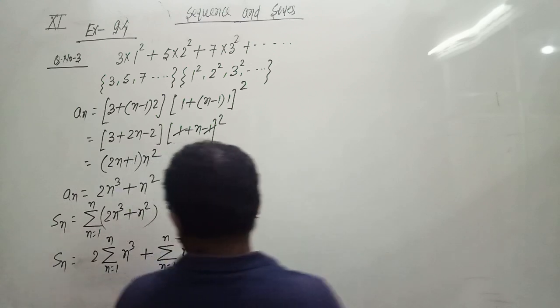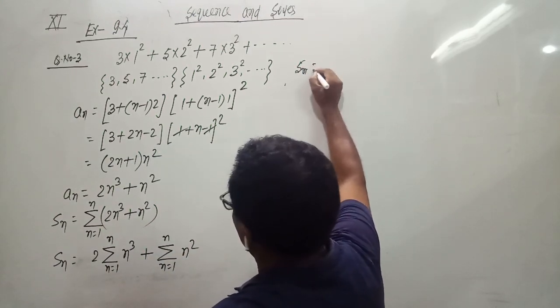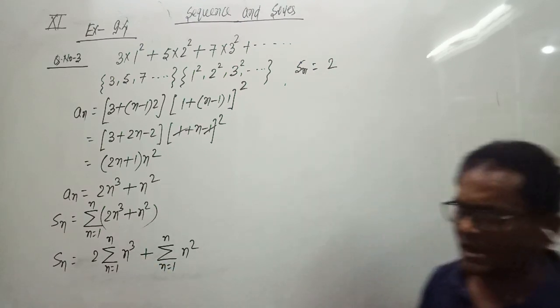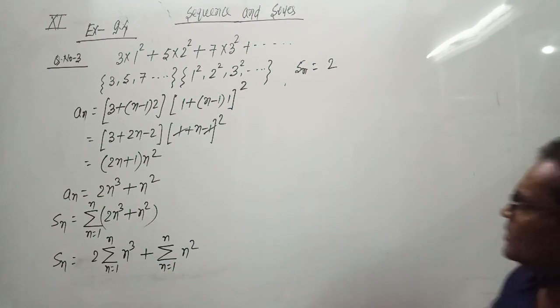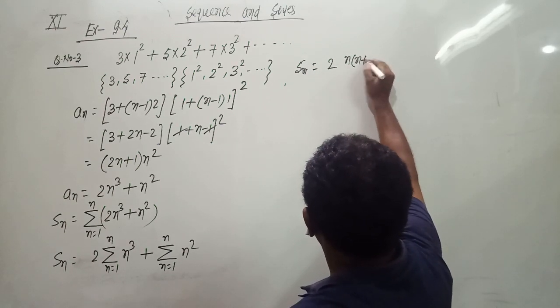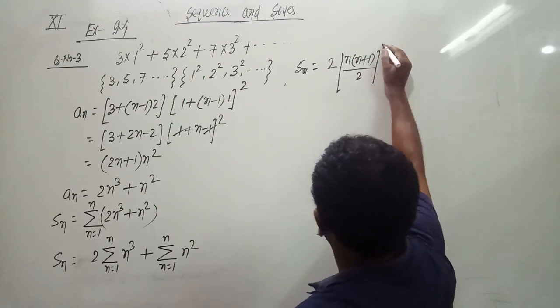So Sn equals 2 as it is, and the value of summation n cube is n into n plus 1 by 2, the whole square, plus summation n square.